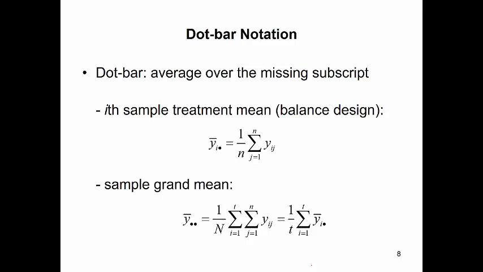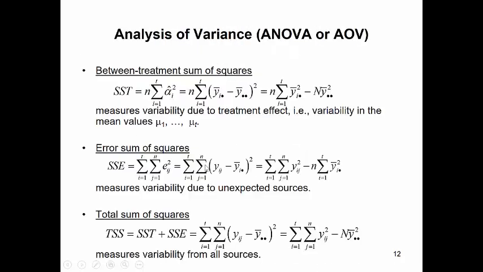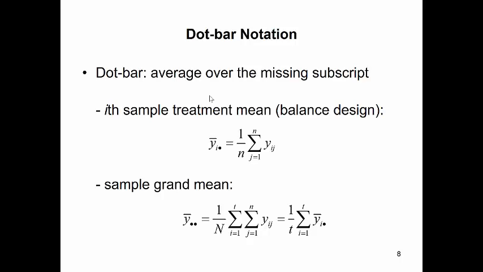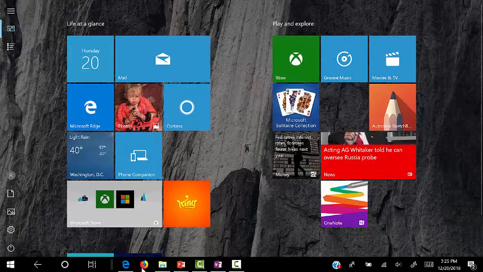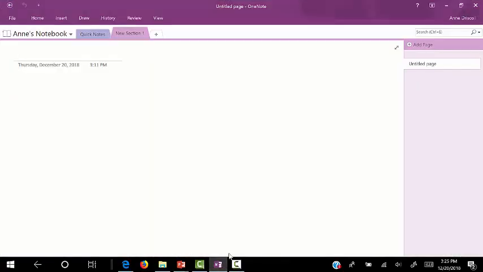The other thing I want to spend some time doing is talking about the dot bar notation. We did this in Stat 5615, and I want to do it again here so that we're all on the same page. The dot bar notation leads us into some of our formulas for the sums of squares, so you have to understand what I mean by it.